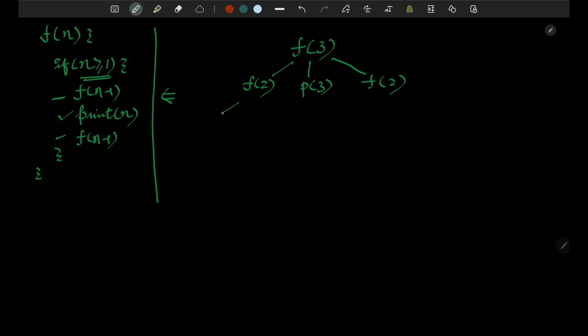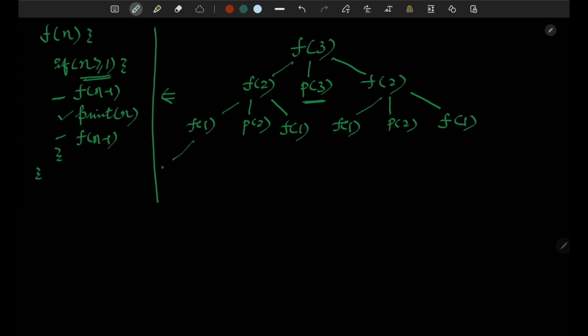So f of 2 is going to call f of 1, print the value 2, and then it's going to call f of 1. Print of 3 is of course not going to call anything, and f of 2 is going to call f of 1, it's going to print 2, and this is going to call f of 1.